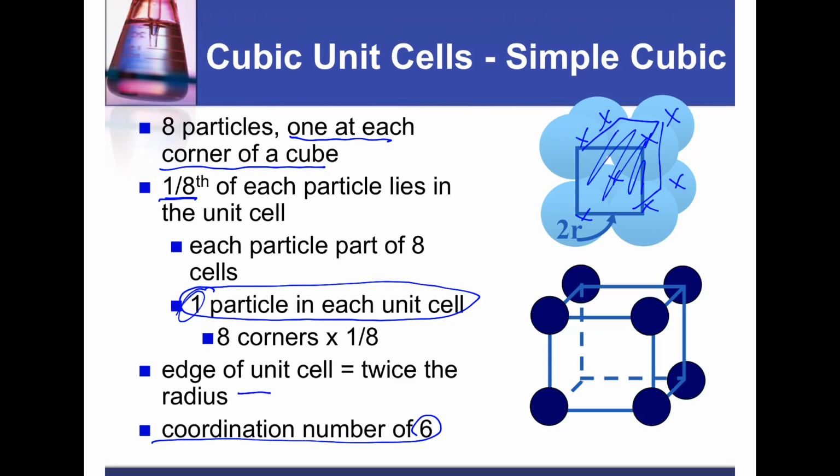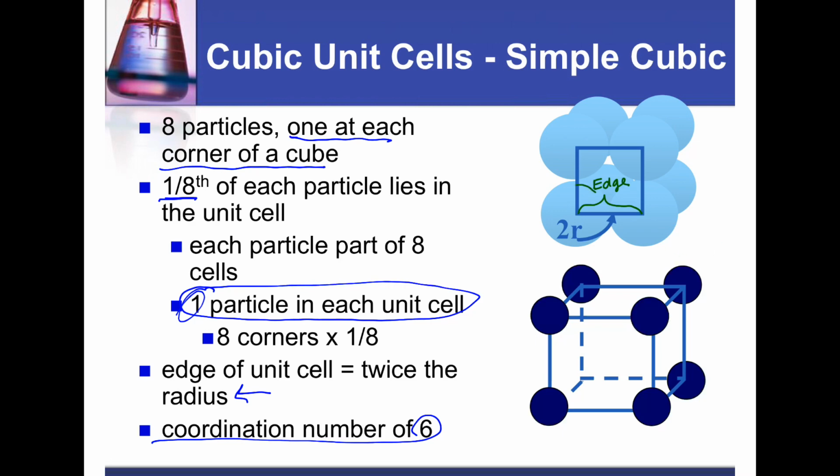And I want to talk about this one. The edge of the unit cell is twice the radius. Let's look at a picture and see how that's true. So if we look at this picture up here, this is the length of the unit cell. So that's the edge.